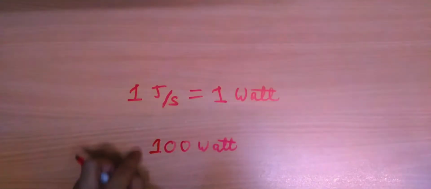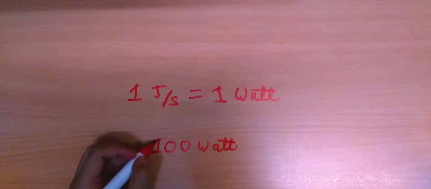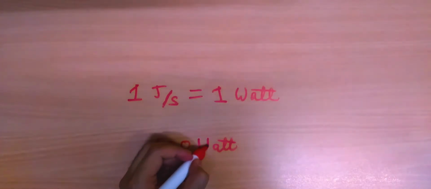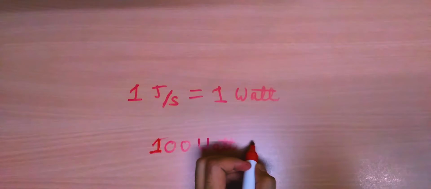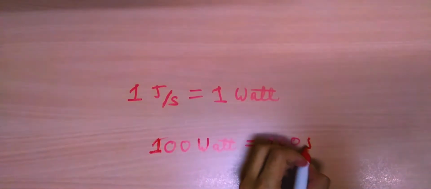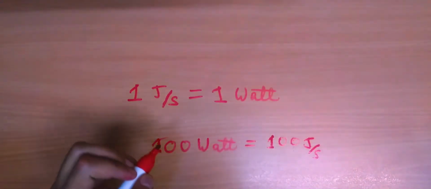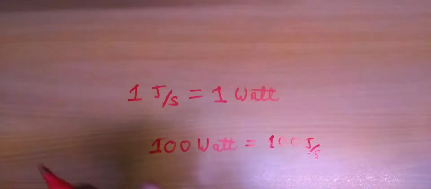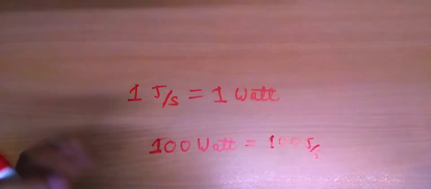So what does this 100 watt actually mean? 100 watts equals 100 joules per second. It means that the bulb is capable of doing a work of 100 joules in every 1 second.